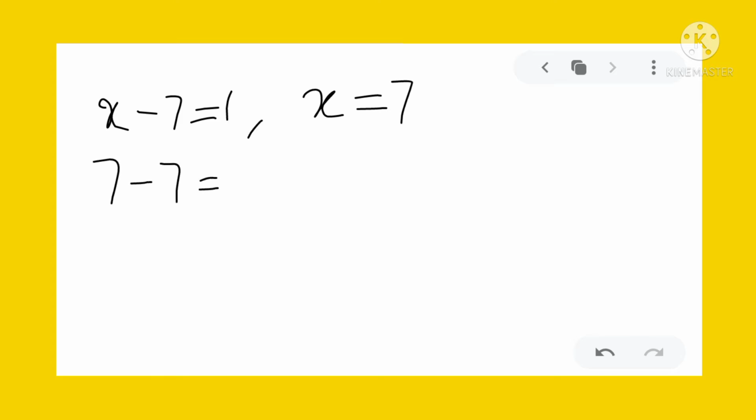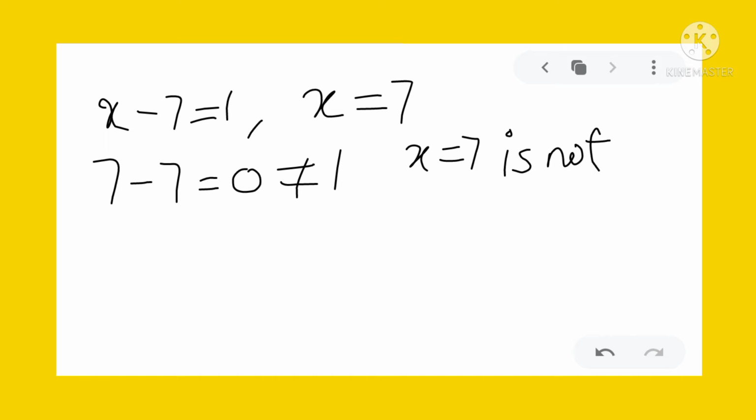Then next, x minus 7 equal to 1 given x is equal to 7. When we substitute x equal to 7, the equation becomes 0. But 0 is not equal to 1. So x equal to 7 is not a solution of the equation.